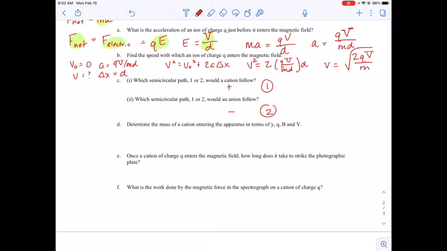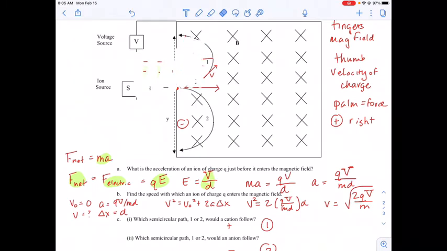Let's look at part D. Determine the mass of a cation entering the apparatus in terms of y, q, B, and V. Okay, so back to this picture here. We are looking at circular motion, and we will recall that an object moving in a circular path has a force toward the center of the circle, and in this case, that centripetal force is the magnetic force on the charged particle.